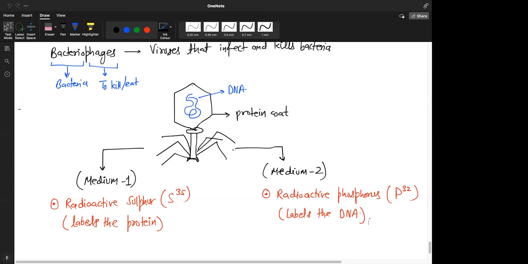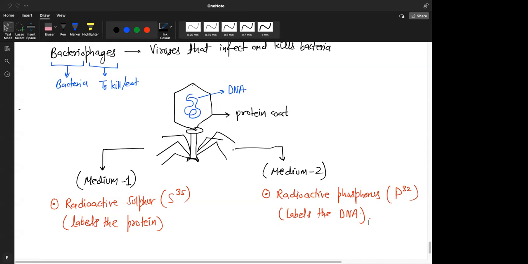Next point: radioactive sulfur will give rise to radioactive proteins. So you were saying the radioactive sulfur medium will allow the viruses? Okay, so don't write that, write this one.